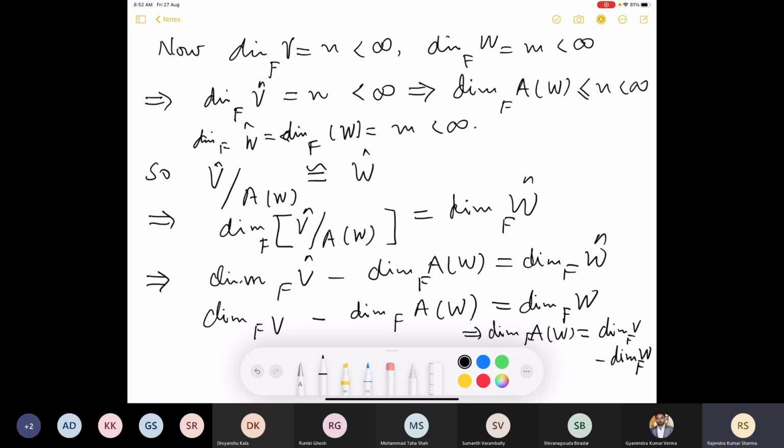So the dimension of the annihilator of W is the difference here.